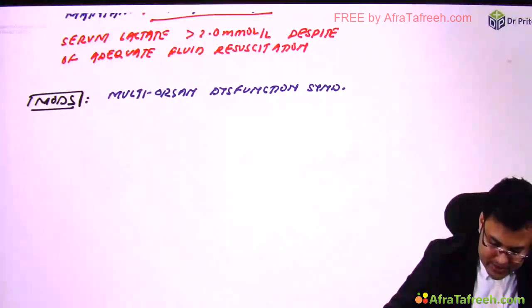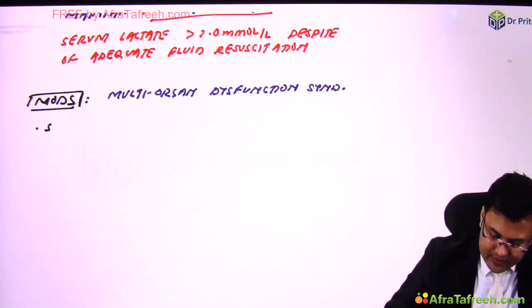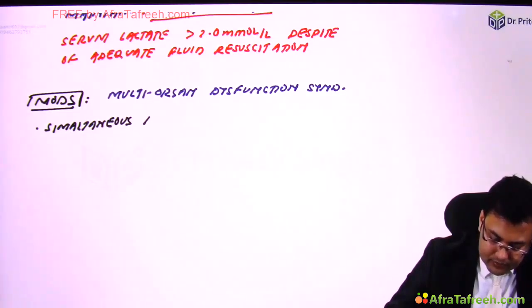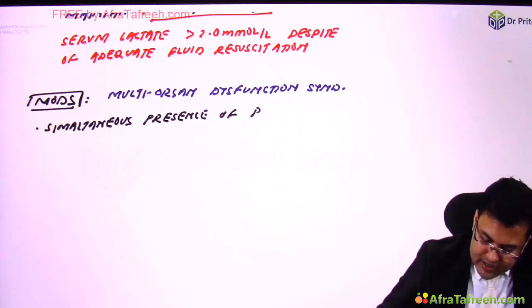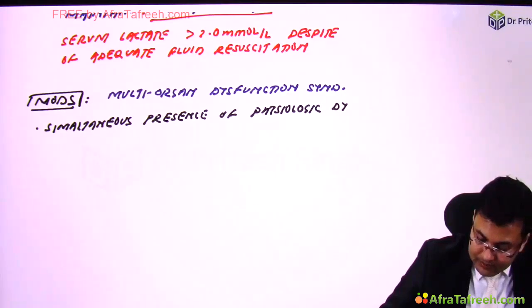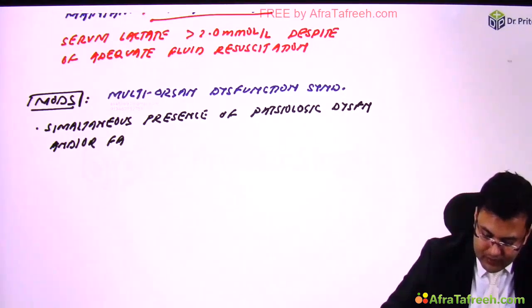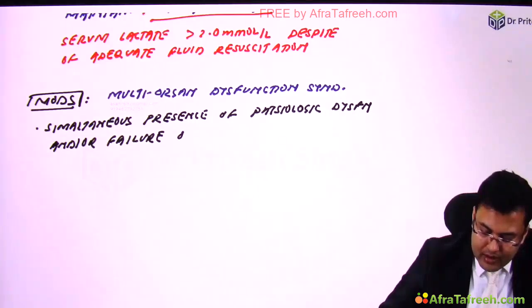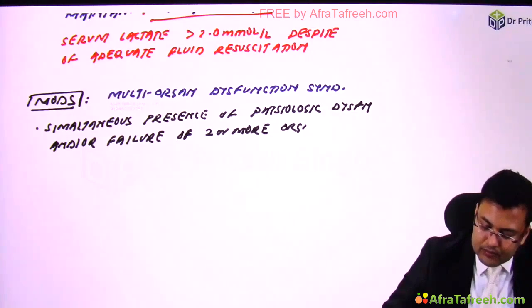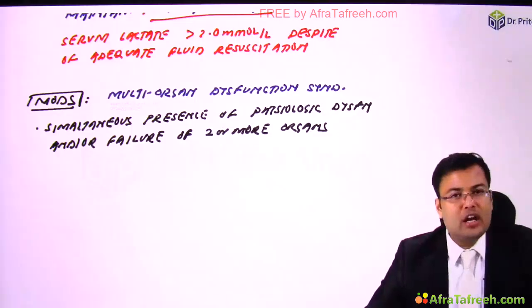It is the simultaneous presence of physiologic dysfunction and/or failure of two or more organs. So this is the definition of multi-organ dysfunction syndrome.